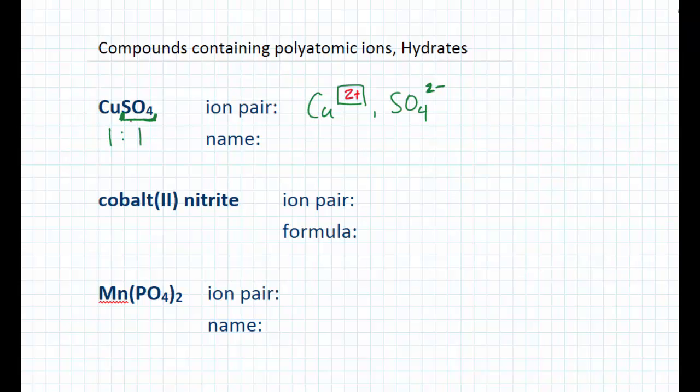Whenever it's a 1-to-1 ratio, our charges are the same, right? So the name of this compound is copper. Copper sulfate would get you like half credit, maybe 2/3 credit. Copper 2 sulfate. And again, doing the ions is so critical for that because the name of this compound is absolutely copper 2 sulfate. There is no number 2 anywhere in this formula right here.